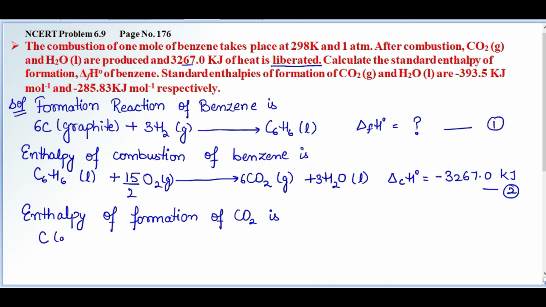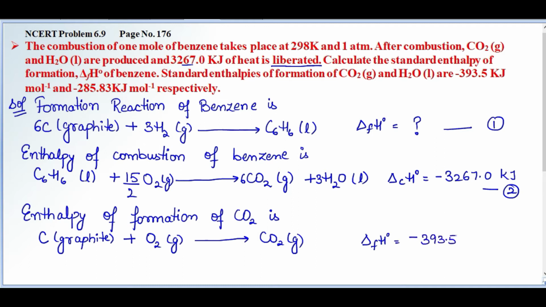If I'll combine carbon with oxygen, it will give rise to carbon dioxide gas. And in this condition, I have enthalpy of formation equal to minus 393.5 kilojoule, right? So you just take this equation as equation 3.